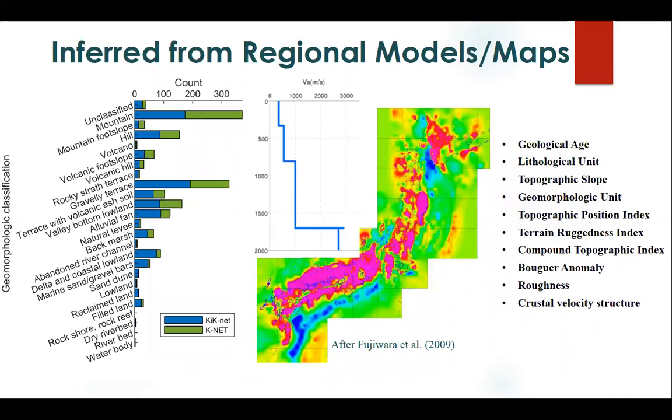The crustal velocity structures are derived from a 3D velocity structure model for the whole of Japan. And these crustal velocity structures are down to hard or very hard rocks and can be combined with relatively shallow but detailed KiK-net velocity profiles to present a complete representation of the site condition underneath a station.